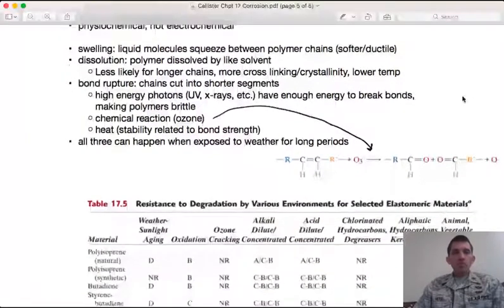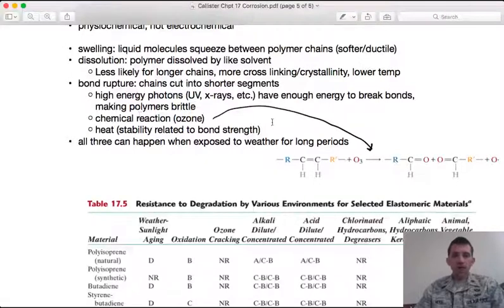The environment also oftentimes includes high-energy photons. This would be, say, for outdoor polymers that have outdoor exposure, especially UV or ozone. Anything that provides enough energy or reactivity to attack the bonds in a polymer chain. So I'm going to have attack of these bonds and break the bonds.